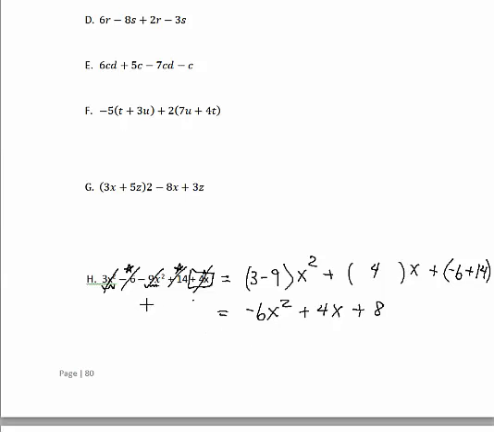And so with this expression, example h, we can only narrow this down to 3 different terms. We can't simplify this expression any further. None of these 3 terms are like.